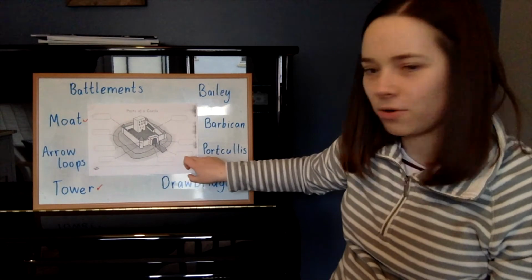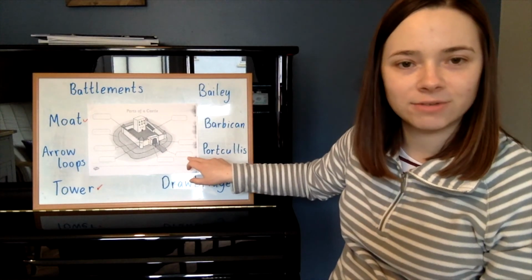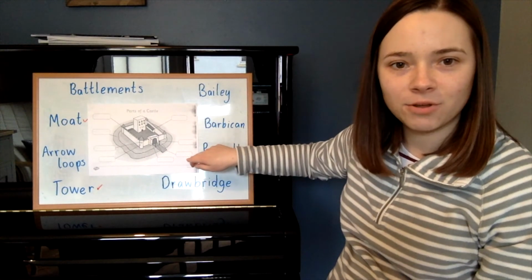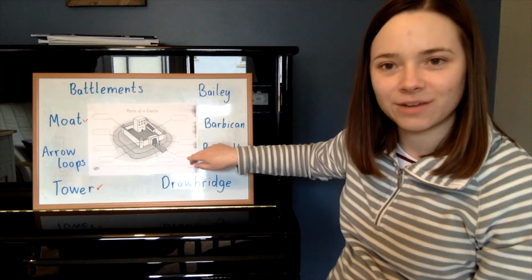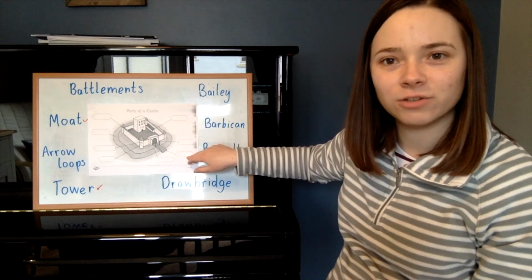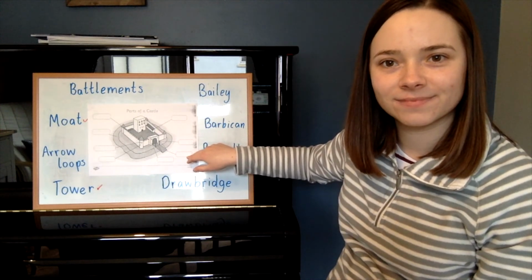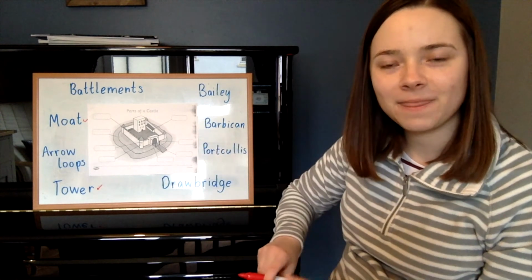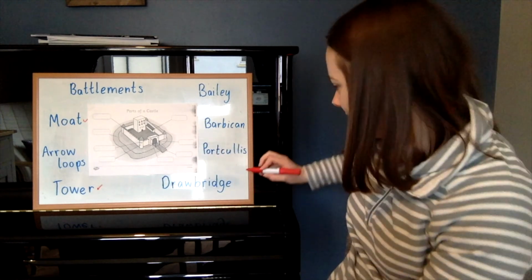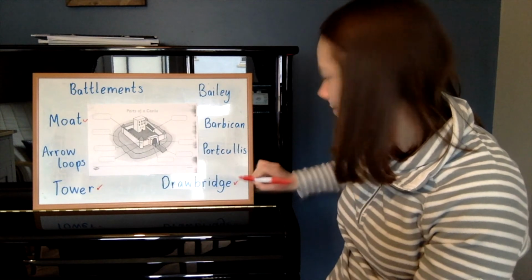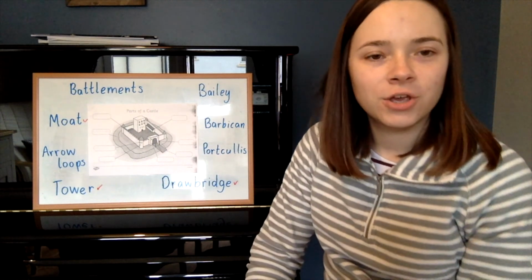And this is our box for the word drawbridge. So I'm going to point to it here, move my arm out of the way, and you can pause your video if you want to write in the word drawbridge. And I'll give drawbridge a little tick, because we've got that one done.